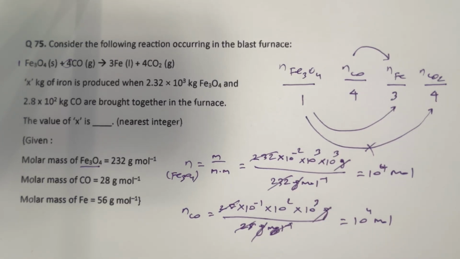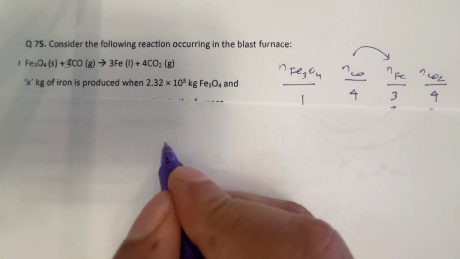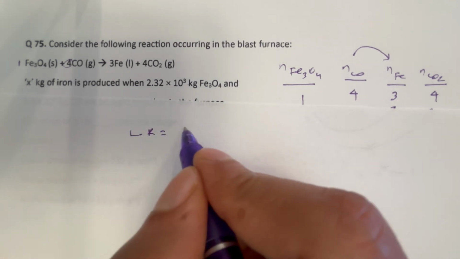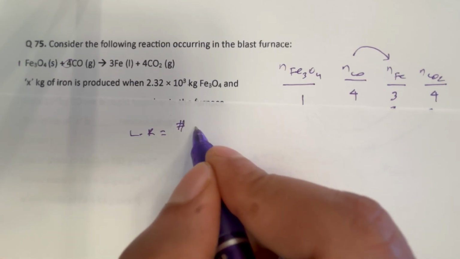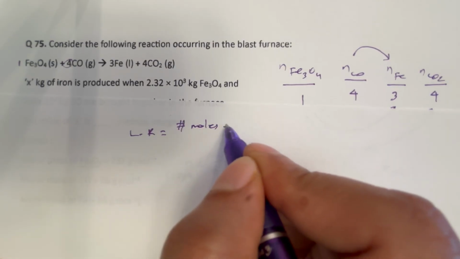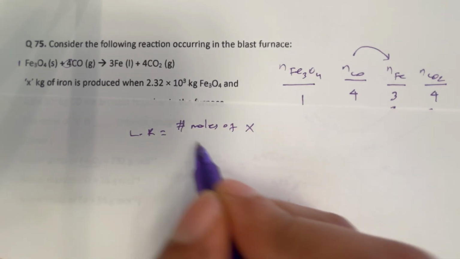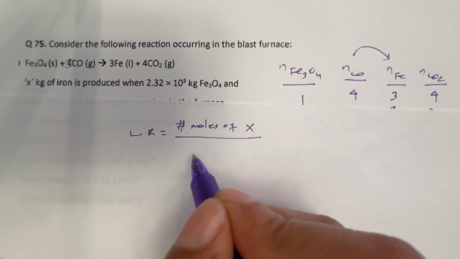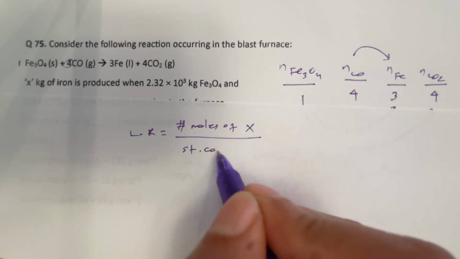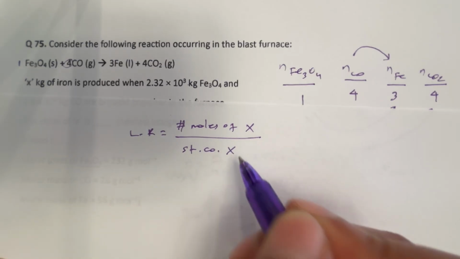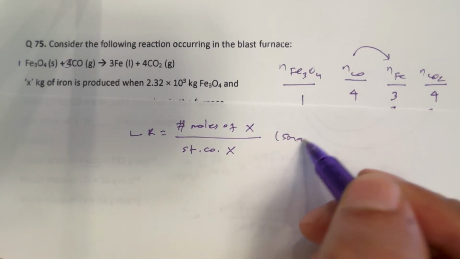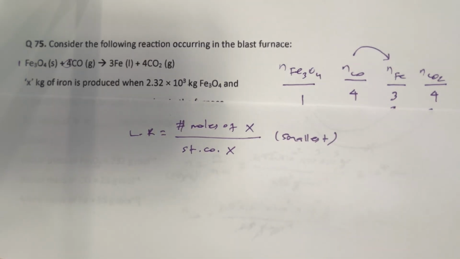Now, let us come to the important step, that is finding the limiting reagent. The limiting reagent is found from the number of moles of the reactant divided by the stoichiometric coefficient of the reactant, and whichever is the smallest is the limiting reagent.